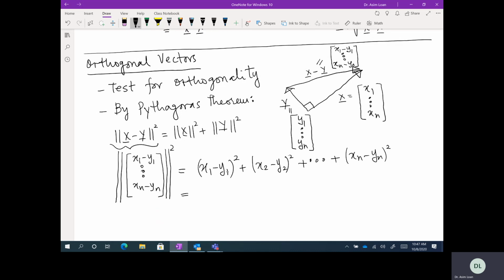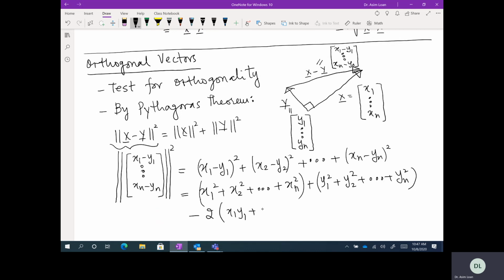If I expand this one, a minus b whole squared is a squared plus b squared minus 2ab. This will be x1 squared, x2 squared, up to xn squared, then we have y1 squared, y2 squared, up to yn squared, and then the cross terms, which is minus 2 times x1 y1 plus x2 y2 plus up to xn yn.